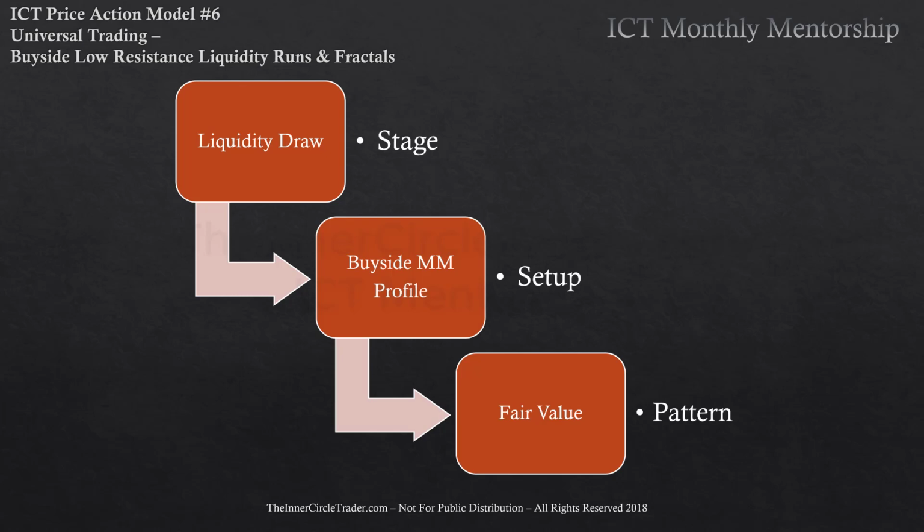Okay, so I don't need to be in the positions or transactions very long to see a profit, and you're going to see how we can break down the market from a fractal standpoint and use the information with low resistance liquidity runs. But initially we have to know what the draw is on liquidity.